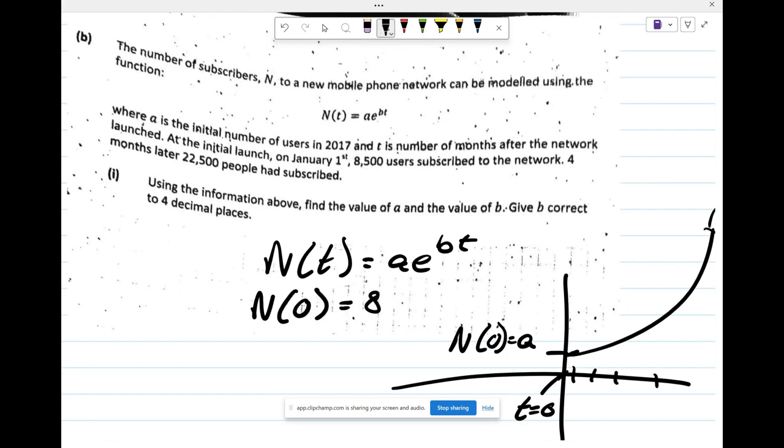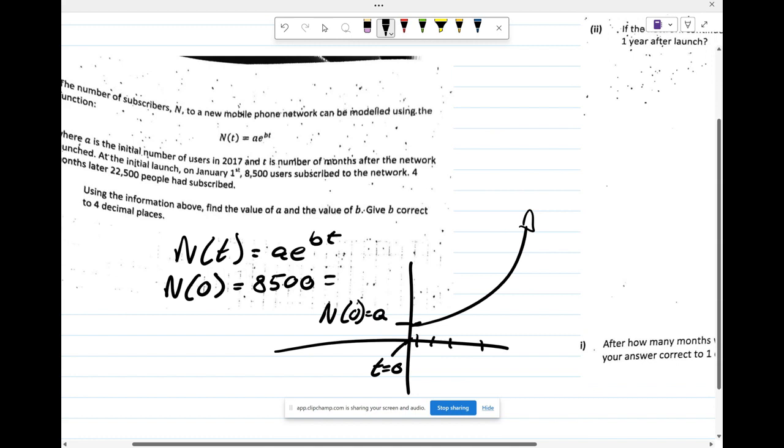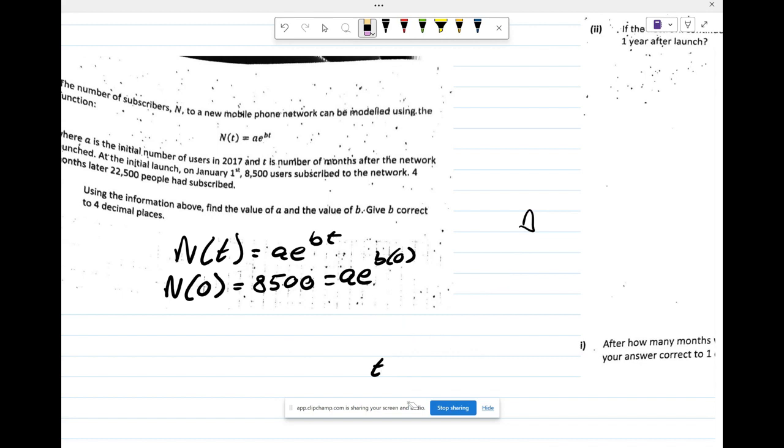So N(0) is how many? 8,500. That is when t is equal to 0. So the number of subscribers at the very start, when no time has passed, is 8,500, and then we sub in 0 for t and see where that takes us.